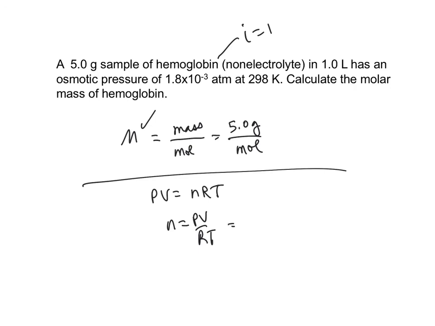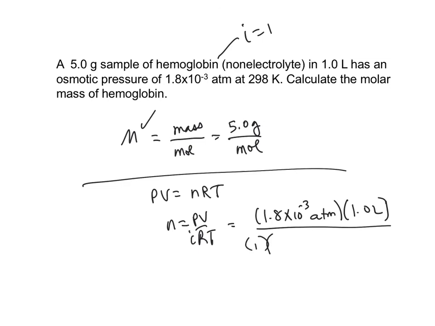And here you have 1.8 times 10 to the minus 3 atmospheres. The volume is 1 liter. You divide by R. In this case, you have to use n times 1 for i. So for R, because it's liter atmospheres, you have to use that unit in your constant. So 0.08206 liter atmospheres per mole Kelvin.